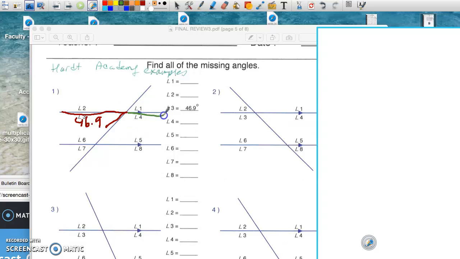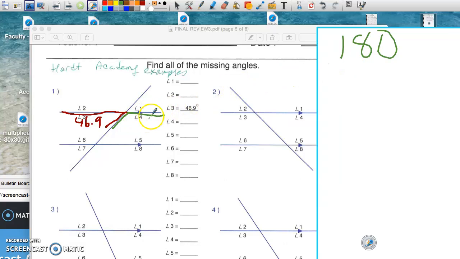Angle 3 is connected to angle 4. And if you put angle 3 and angle 4 together, what do we have? A straight line. How many degrees is a straight line? 180, isn't it? It's supplementary. Supplementary is 180. Remember, 2 angles put together that make a straight line is supplementary.